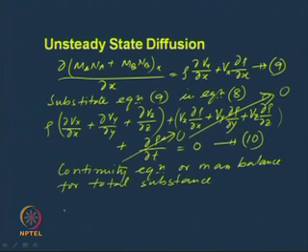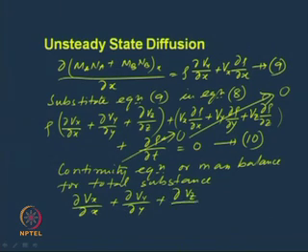In that case, we can write ∂Vx/∂x plus ∂Vy/∂y plus ∂Vz/∂z equal to 0. So, equation number 11.